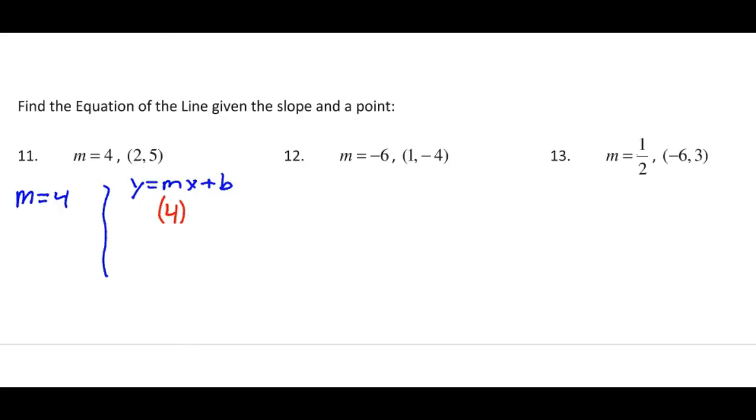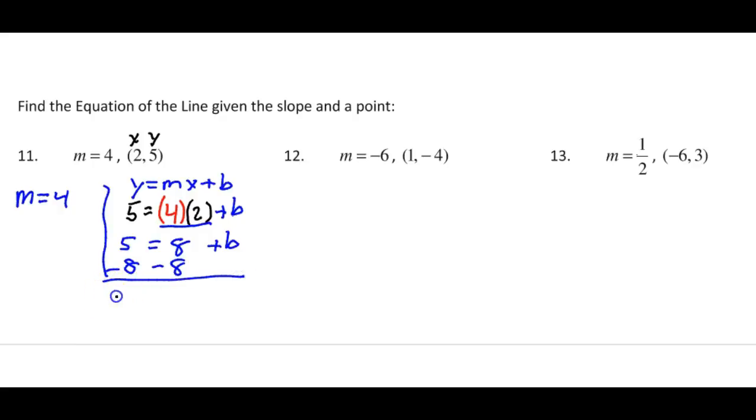And then use these two guys right here for x and y. So y is 5, so we have 5 equals 4 times 2. Yeah, so 4 times 2 is 8. And subtract 8 on both sides. That'll give us negative 3.